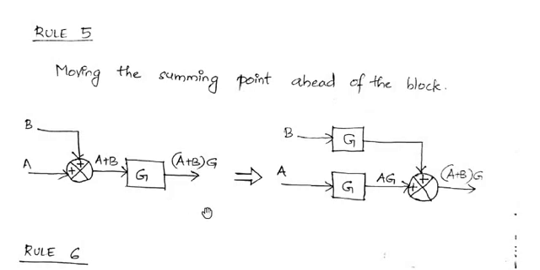So what we require is AG plus BG. But if we provide this B directly to the summing point, what we will get is AG plus B only.